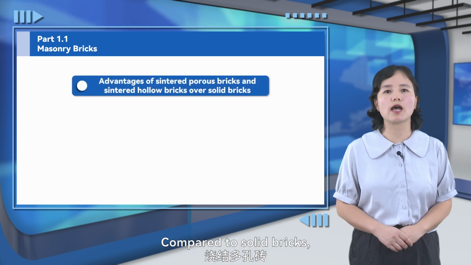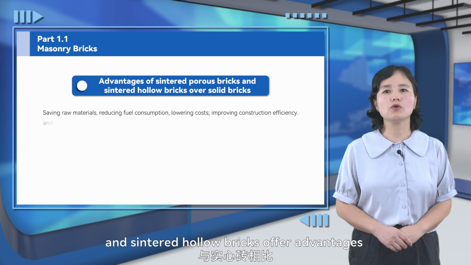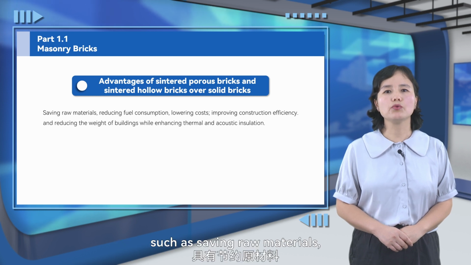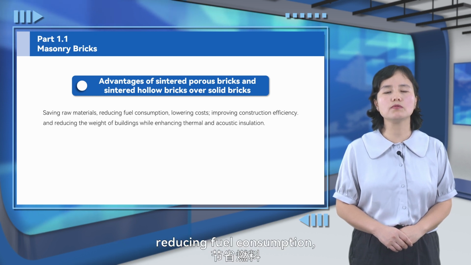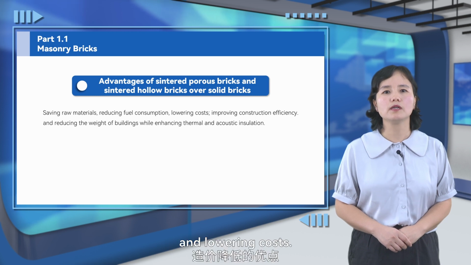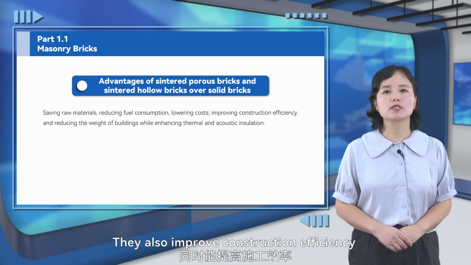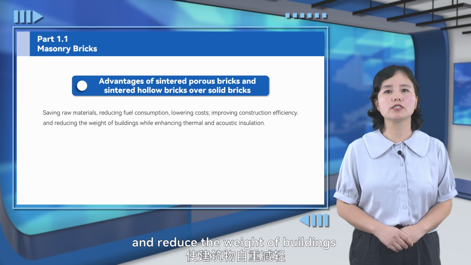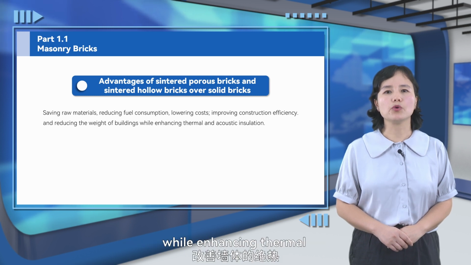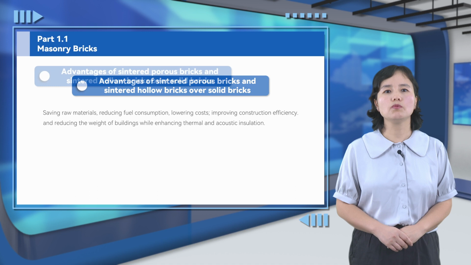Compared to solid bricks, sintered porous bricks and sintered hollow bricks offer advantages such as saving raw materials, reducing fuel consumption, and lowering costs. They also improve construction efficiency and reduce the weight of buildings while enhancing thermal and acoustic insulation.